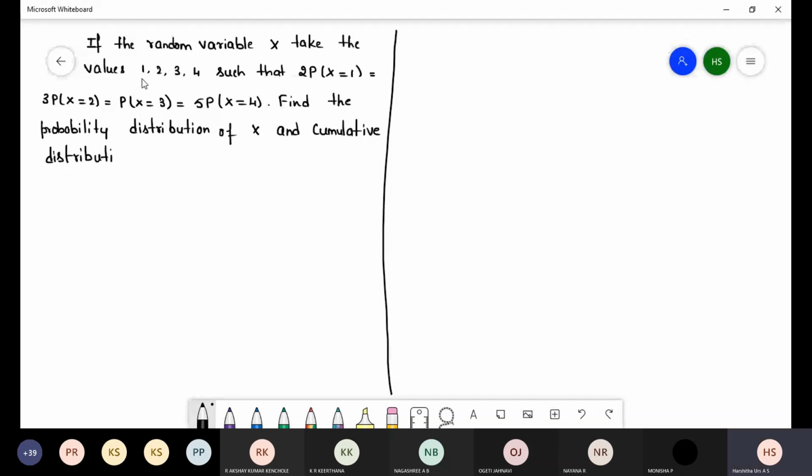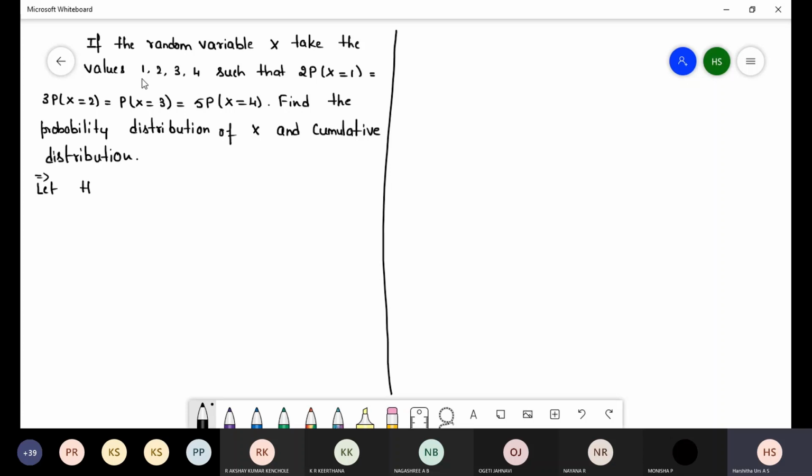So here one more thing newly they have added, that is cumulative, that we will see at the end of the problem. Now let us define the table, because here they have not mentioned the table. We have to mention the table by ourselves.